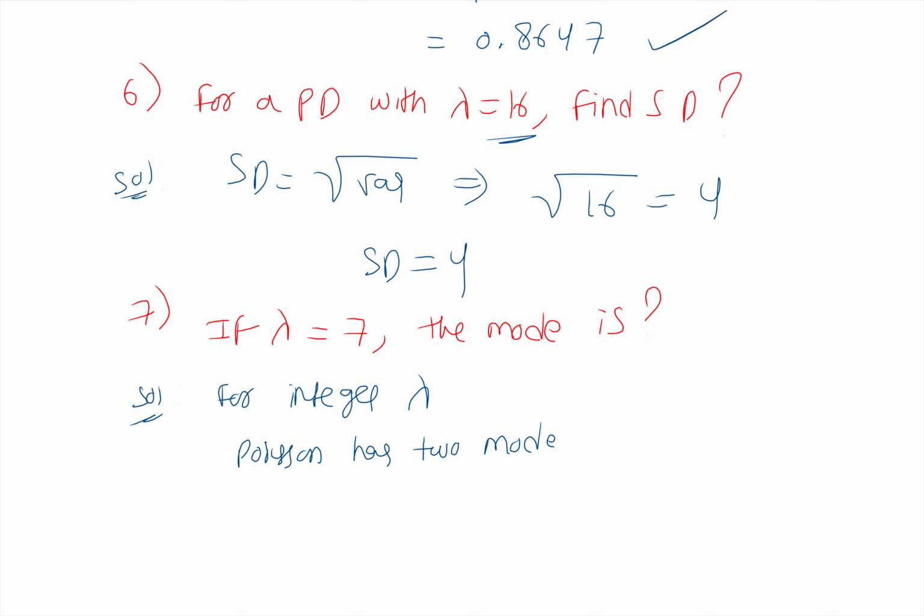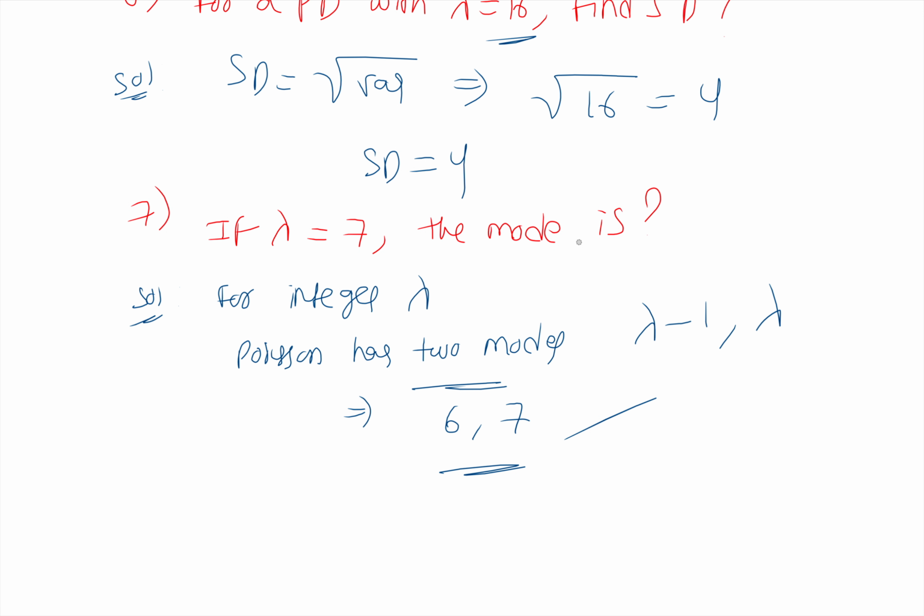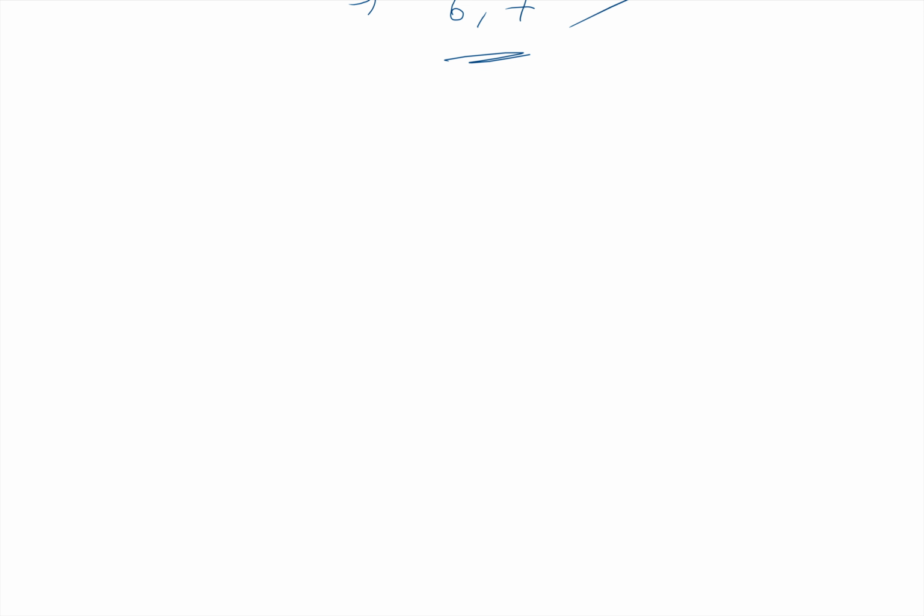We have to remember this: for integer lambda we have two modes, that is lambda minus 1 and lambda. So lambda minus 1 means 6, lambda means 7. These are the modes. This is also called bimodal because it contains two modes.